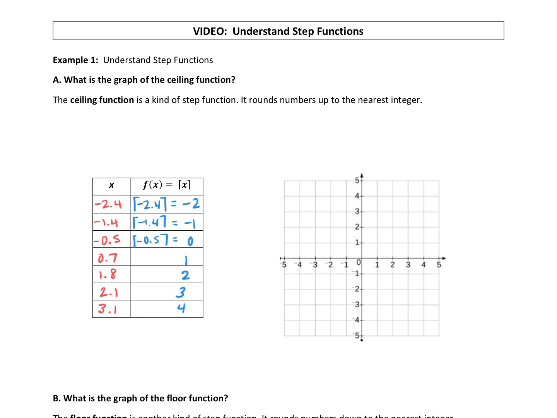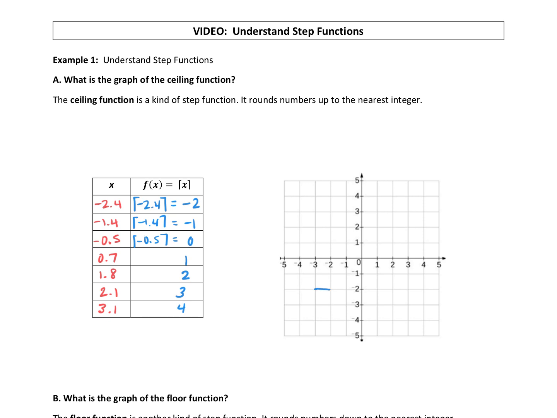I'll start with, we know that if x is a negative 2.4, so on the x-axis, negative 1, negative 2, negative 2.4 is around here, our function has a value of negative 2. So I'm going to go down to negative 2, and I'm going to draw in my step right there.